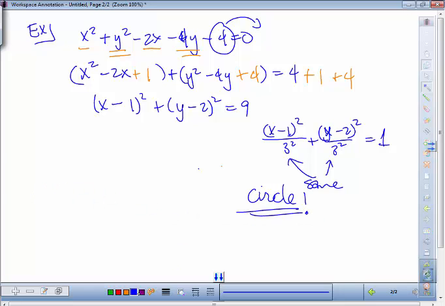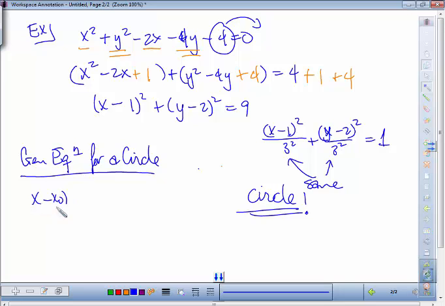So let's say the general equation for the circle kind of looks like x minus x naught squared plus y minus y naught squared is equal to r squared.